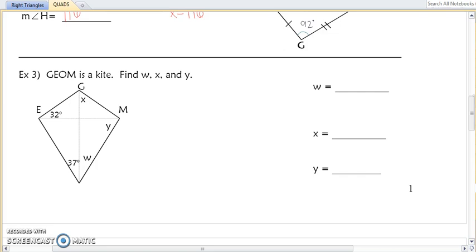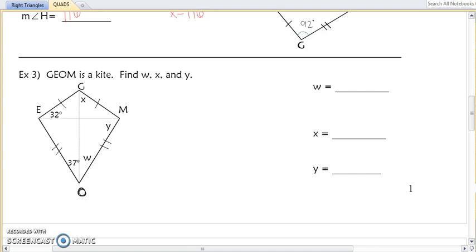So here we want to, again, identify the difference between our vertex angles and our non-vertex angles. We know GM and EG will be the same measure, just because they look like they will be. And again, on a test or quiz, those segments will be marked. So in this case, our vertex angles are angle G and angle O, right?